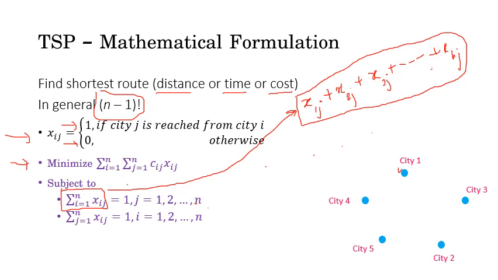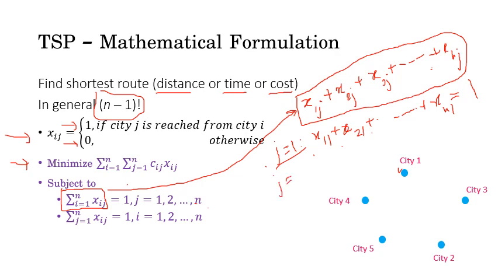Okay, so this equation for j equals 1 becomes x11 plus x21 plus and so on up to plus xn1 equals 1. Okay, so that is the equation wherein j equals 1.